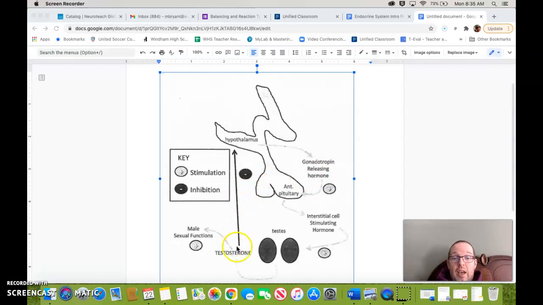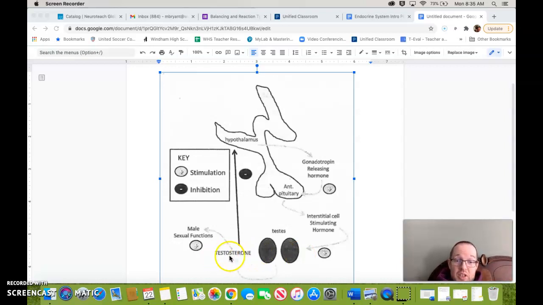And so if we had too little testosterone, there would be a signal sent to the hypothalamus to secrete more GnRH. And that would eventually, as we go further on down the line, result in the release of more testosterone.